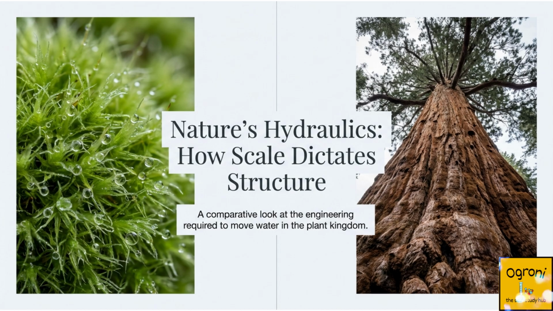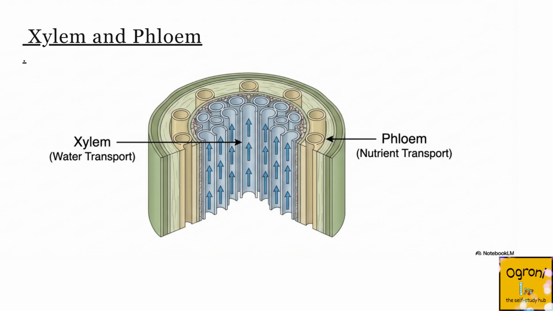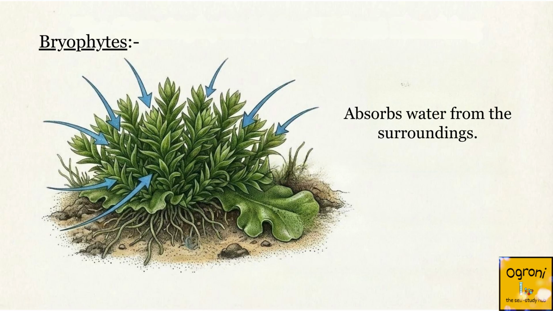Now, what are xylem and phloem? Xylem and phloem are tube-like structures that are present in vascular plants or higher plants that we mostly see around us. These tube-like structures help in conduction of water from roots to the other parts of the plant.